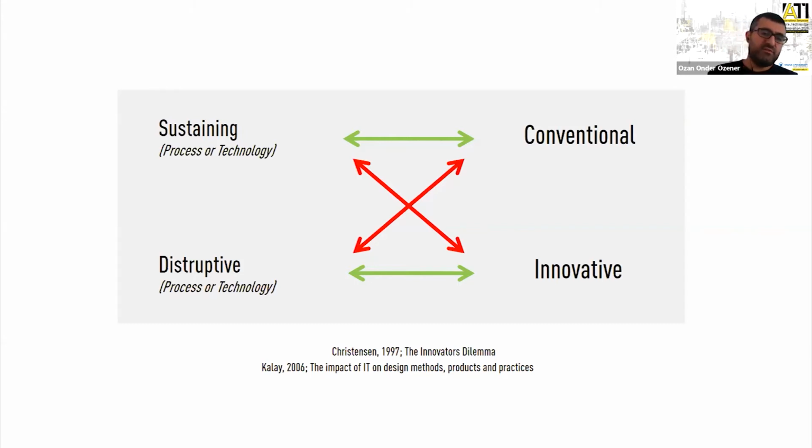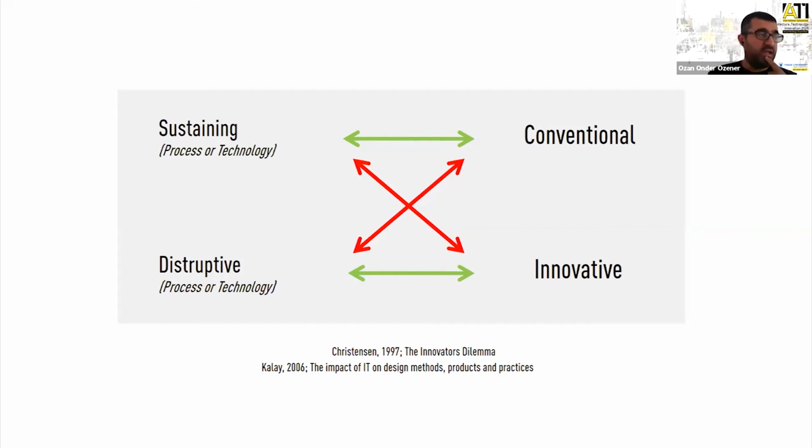I would love to borrow these concepts from Clayton Christensen's book, The Innovator's Dilemma. What different technologies or processes are out there to be considered in different businesses or different sectors of manufacturing or construction? We have to understand that there's sustaining technology, which is pretty available to everybody.